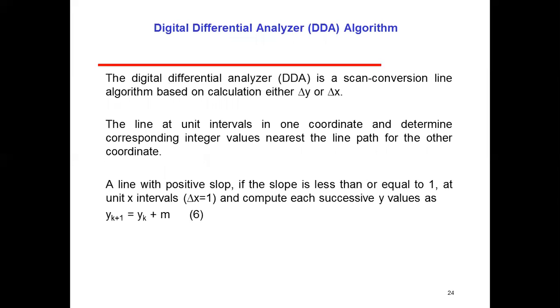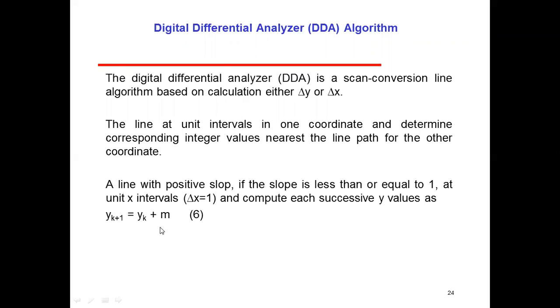The digital differential analyzer acts like a differentiation of the equation. We are already aware of the equation of the straight line, and for choosing a number of intervals, we just convert this to y(k+1) is equal to yk plus m. Why are we choosing k plus 1 and k?